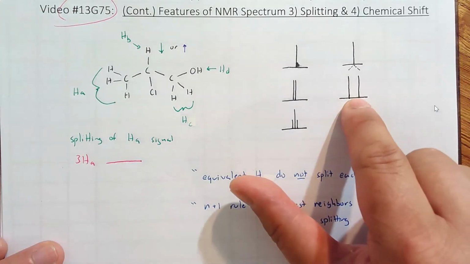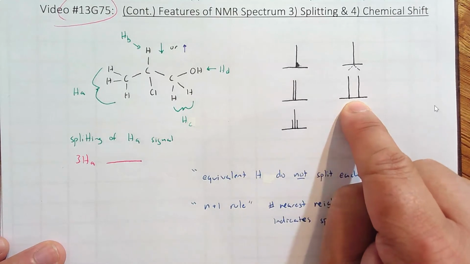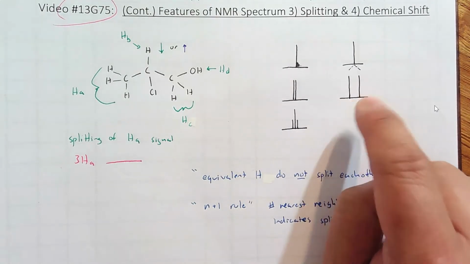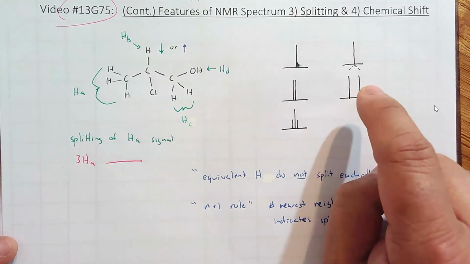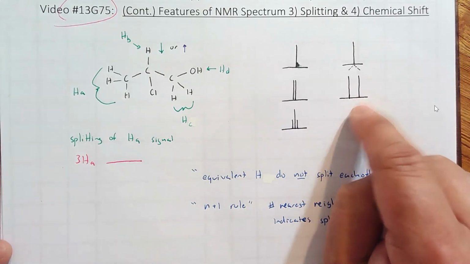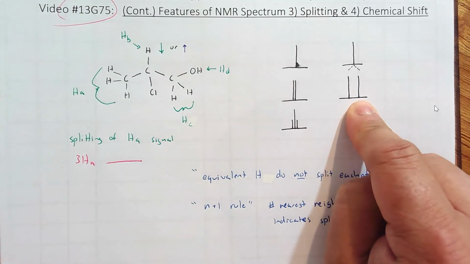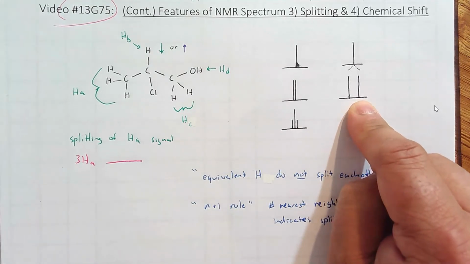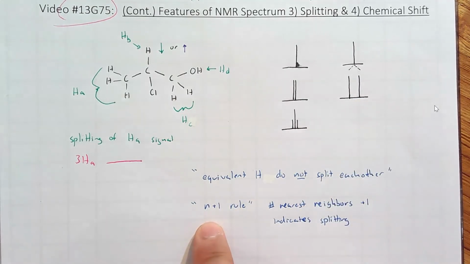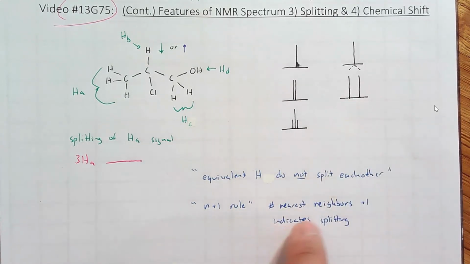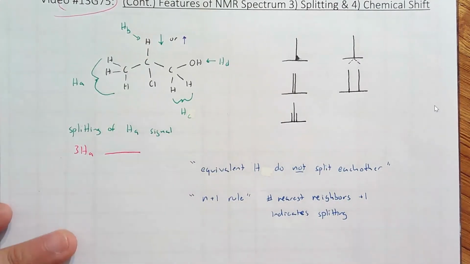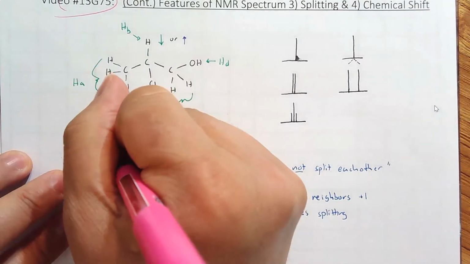Because if I see a doublet in the spectrum, I could say that the protons represented by that one signal have one neighbor due to the n+1 rule. So you take the doublet, well, it's n+1, n equals the number of nearest neighbors. Okay? So we are going to call this a doublet.